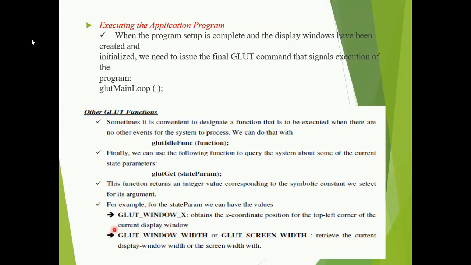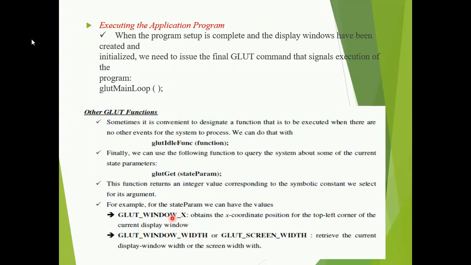If I say GLUT_WINDOW_X, the function will be written as glutGet, and inside the bracket you will write GLUT_WINDOW_X. Then the system will return the x coordinate position for the top left corner of the current display window.